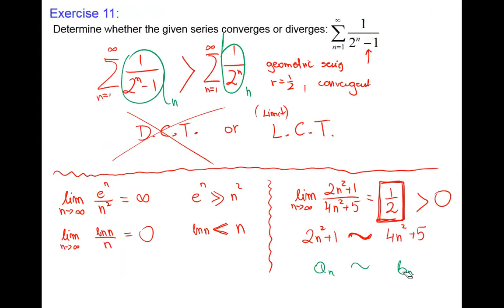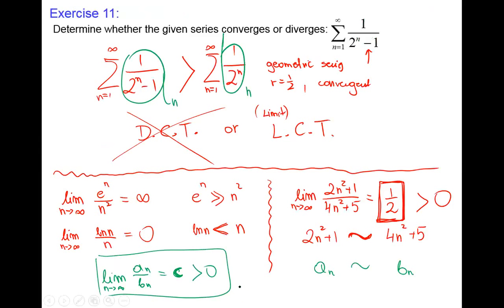That means if b sub n is convergent, and I create the limit of the ratio, a sub n over b sub n, and I'm expecting a number C, a finite number, not zero, not infinity, then I can conclude that if b sub n is convergent, a sub n is also convergent.